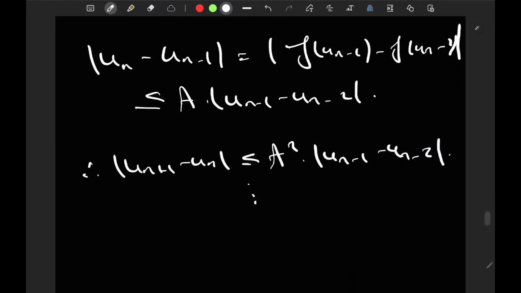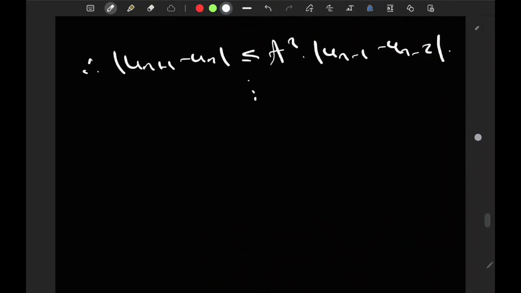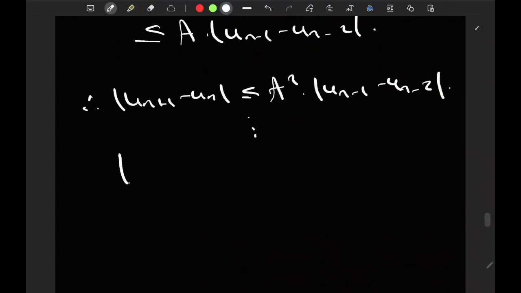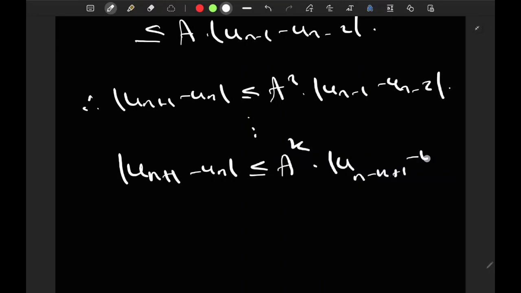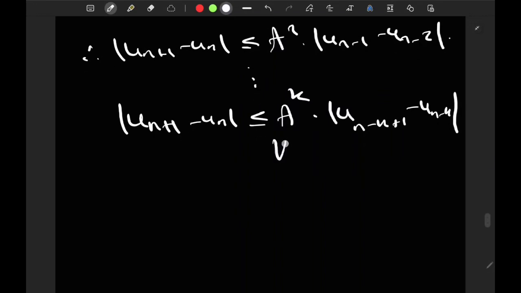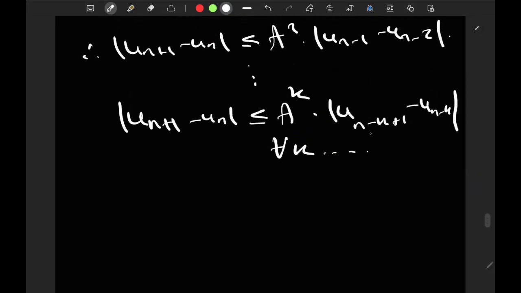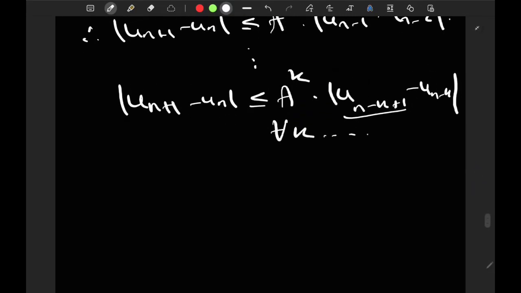You can do this iteratively as many times as you wish, say k times, and you get that |u_{n+1} minus u_n| is less than or equal to a^k times |u_{n-k+1} minus u_{n-k}|. You can check this by induction or by any other means. This is true for every k with sufficient assumptions on k, just so we don't get a negative index.